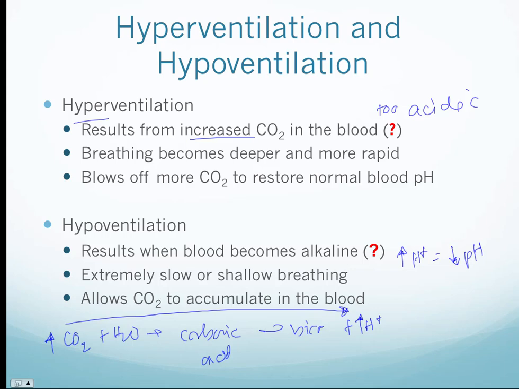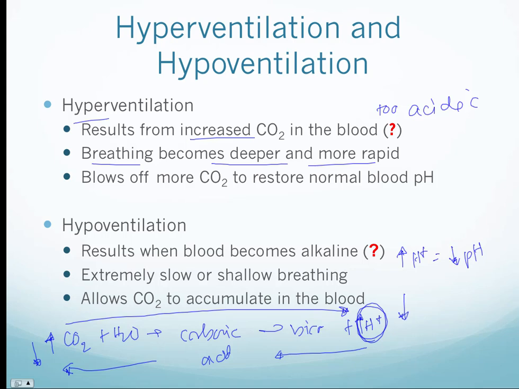How do you account for this? Well, if your breathing becomes deeper and more rapid, what happens? You're going to decrease the amount of carbon dioxide you have, thereby shifting this entire reaction towards the left and thereby decreasing the amount of hydrogen that's going to be present. If you don't have a lot of hydrogen, what's going to happen?